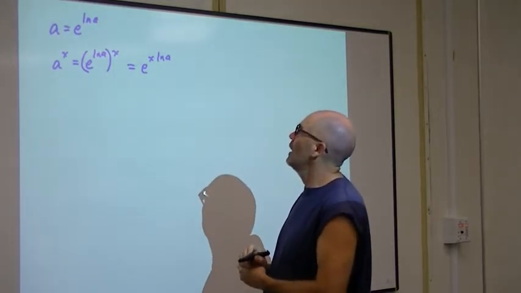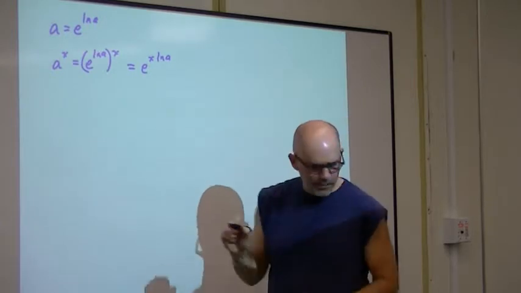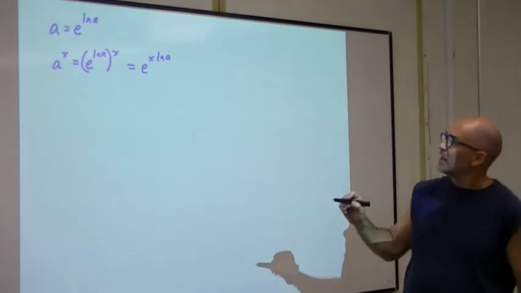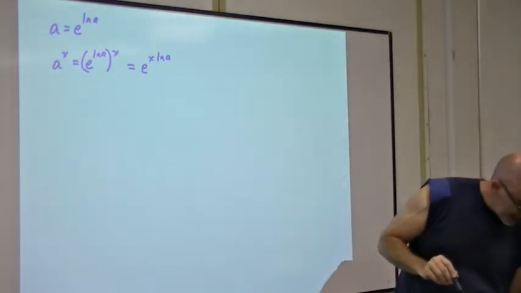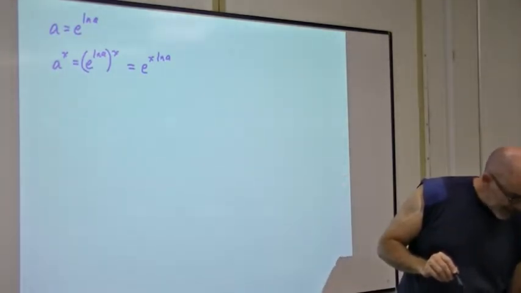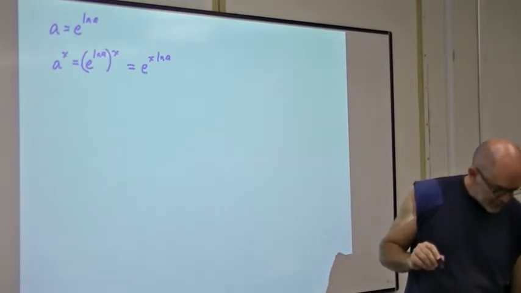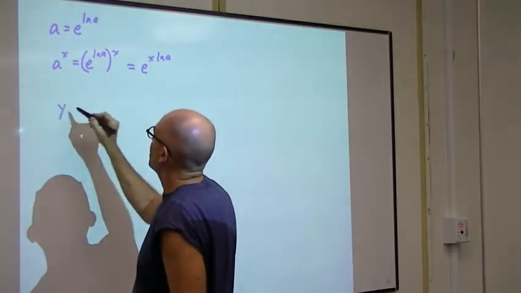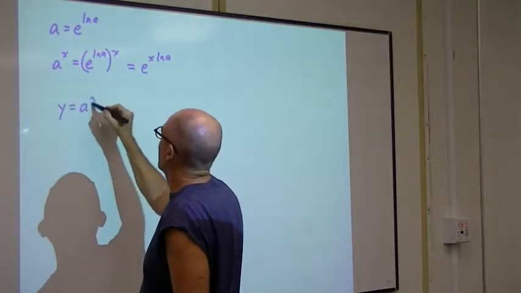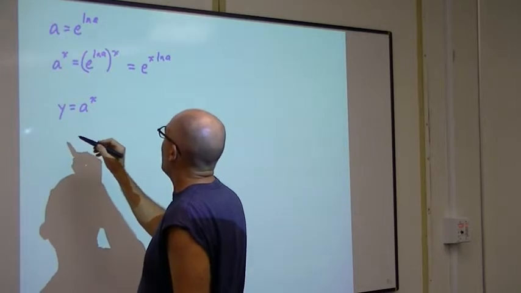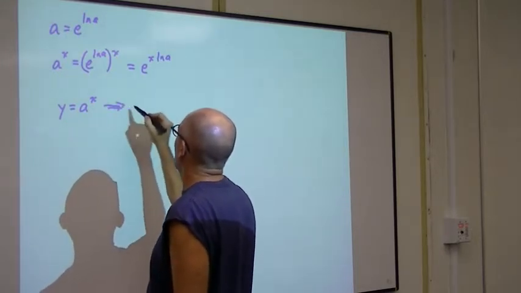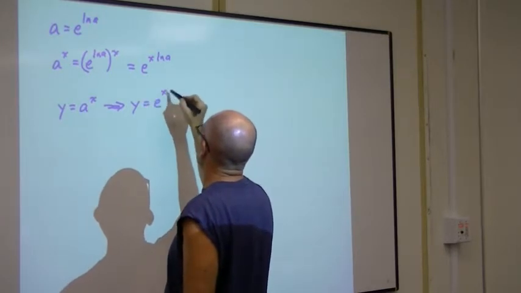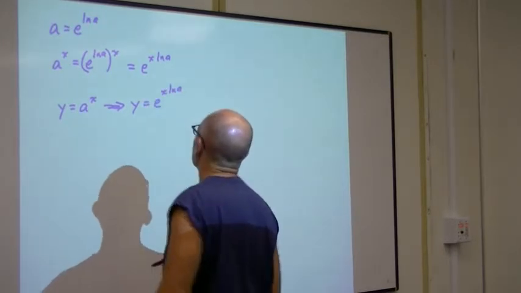Now, e to the x times natural log a means that the derivative, we're going to start with y equals a to the x. So that means y equals e to the x natural log a.